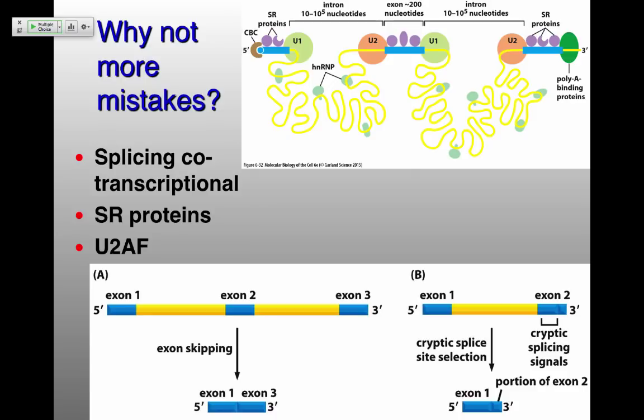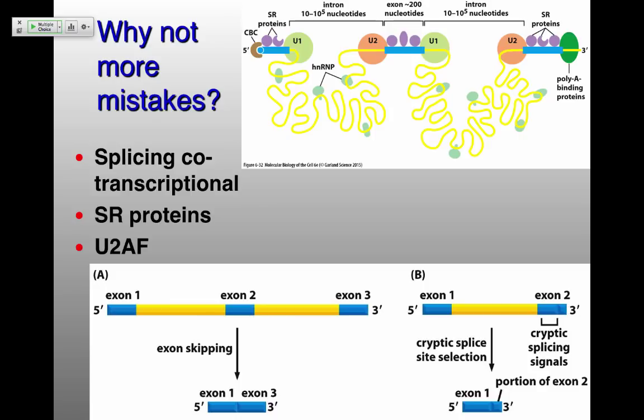Heterogeneous means it's a mixture of all kinds of nuclear ribonucleoprotein complexes. Why do they try and torture us with all of these things? We'll see that these hnRNPs are actually very important for the final export process. So if you have hnRNPs bound to introns, what does that mean? If your hnRNP is still part of this messenger RNA, you don't want to be exporting it because it means you haven't cut out these introns yet.